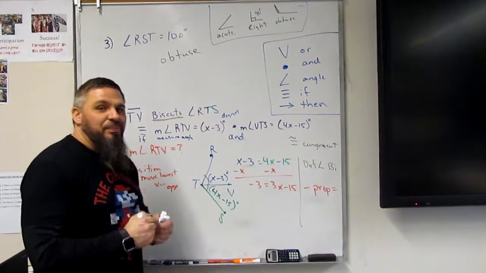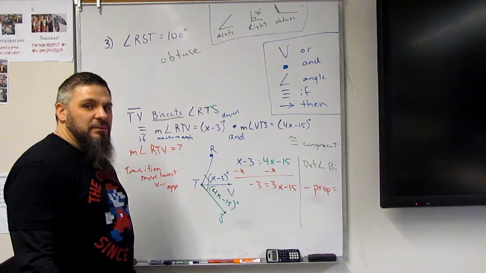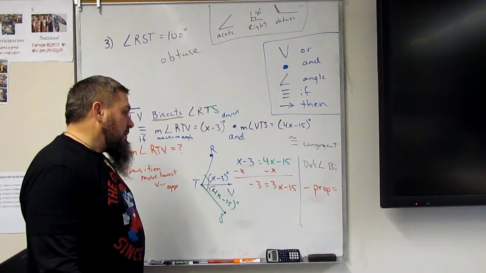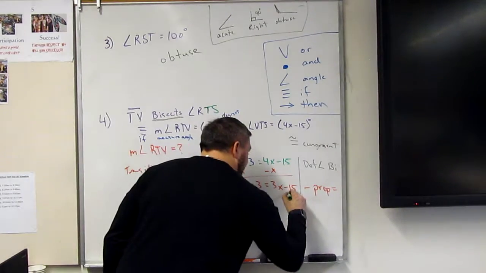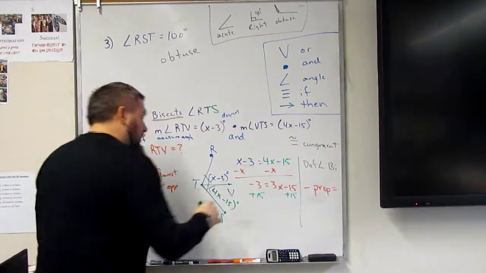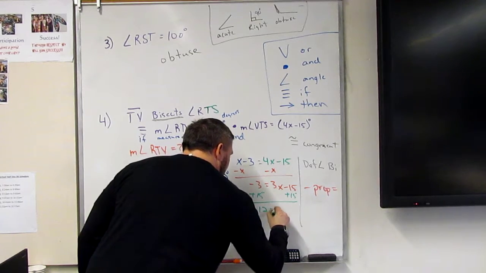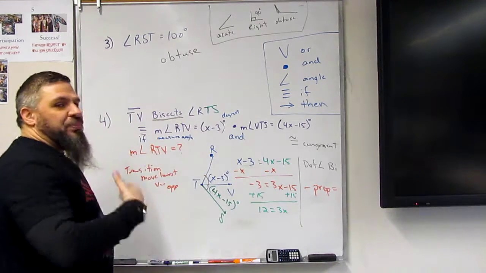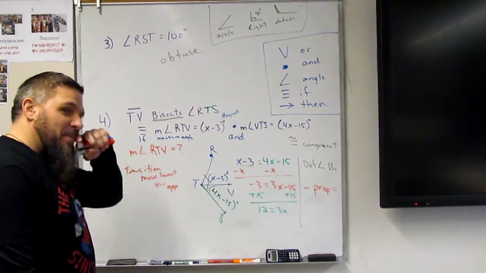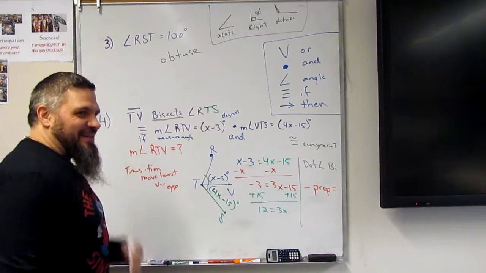Okay, next step. What's my next step? Yes. Add the 15. And so I get 12 equals 3x. And so, what's that called? Division.